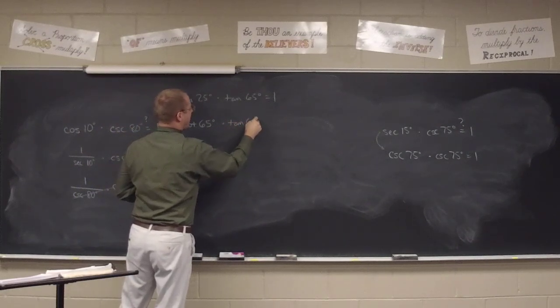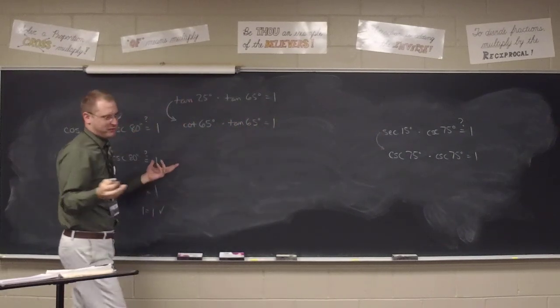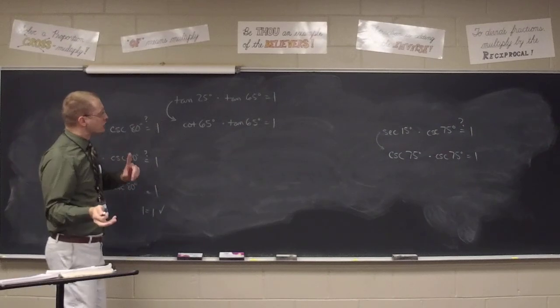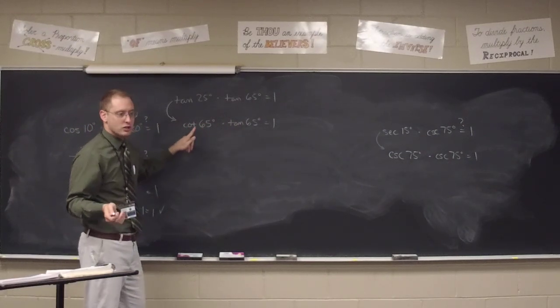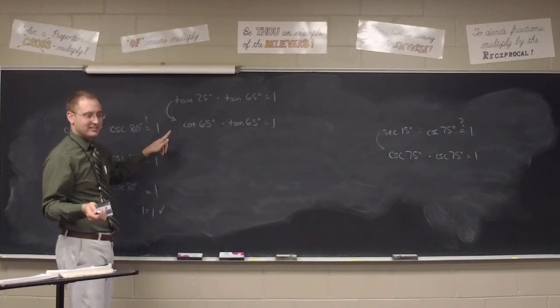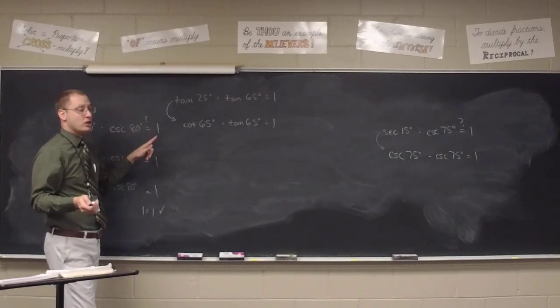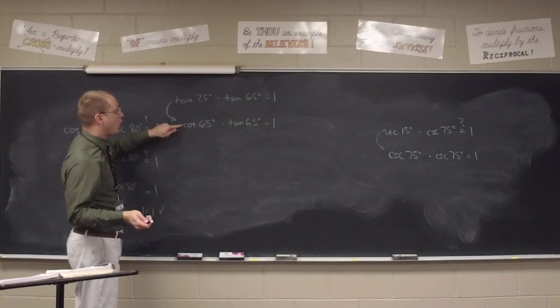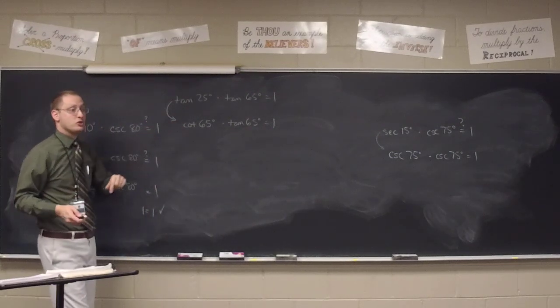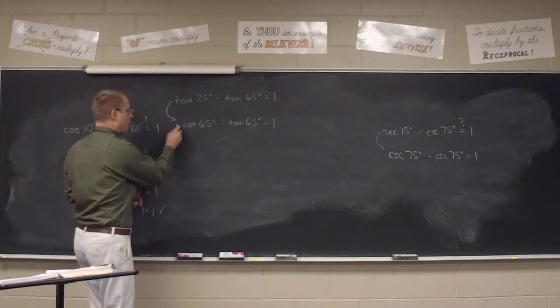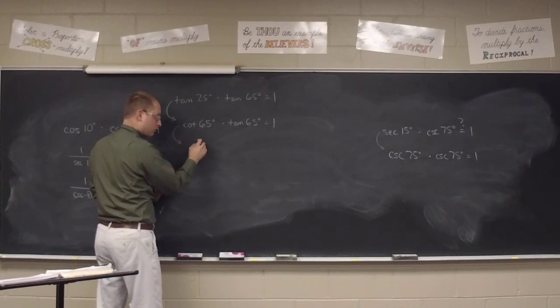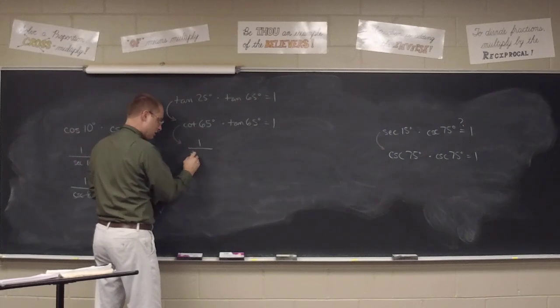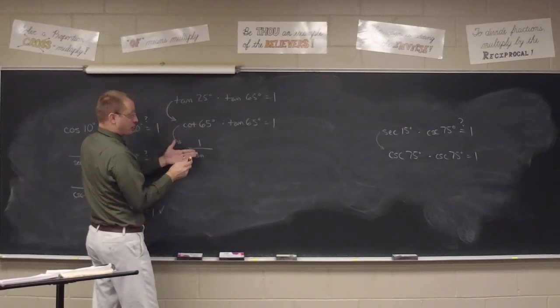All right, so now I've got matching angles, but not matching functions. Is there a way to keep the 65 and change cotangent and tangent to match? Cotangent is not only the cofunction of tangent, cotangent is also the reciprocal. So I could rewrite this as 1 over, but when you take a reciprocal, you get the reciprocal function.